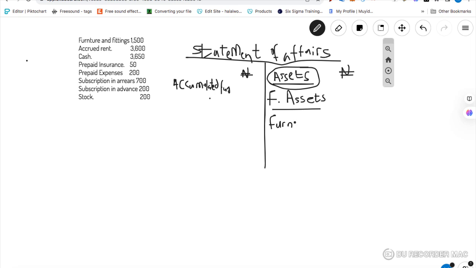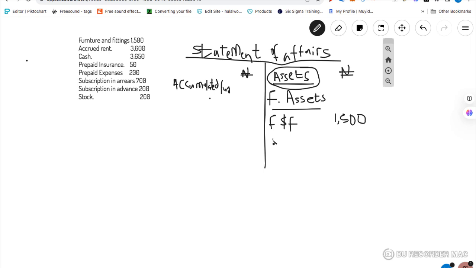We don't have any other item of fixed asset in nature. Okay, so we have current assets.